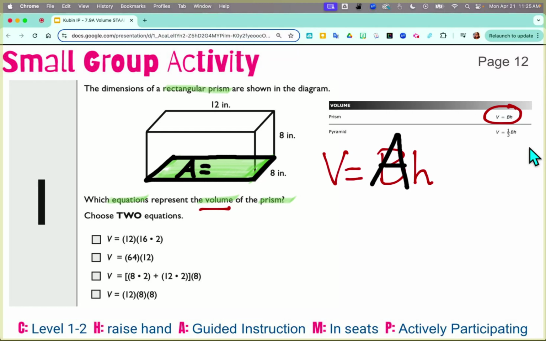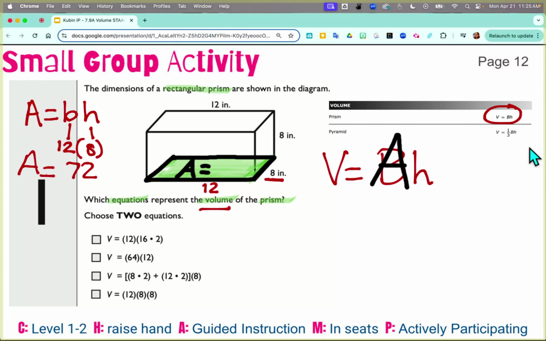So I'm going to do that first. The area of this rectangle is base times height. I'm going to use 12 as my base of the rectangle. Height of the rectangle is 8. So my area is 72.